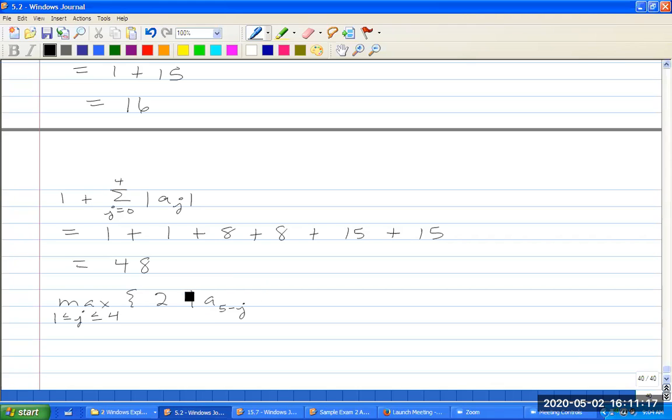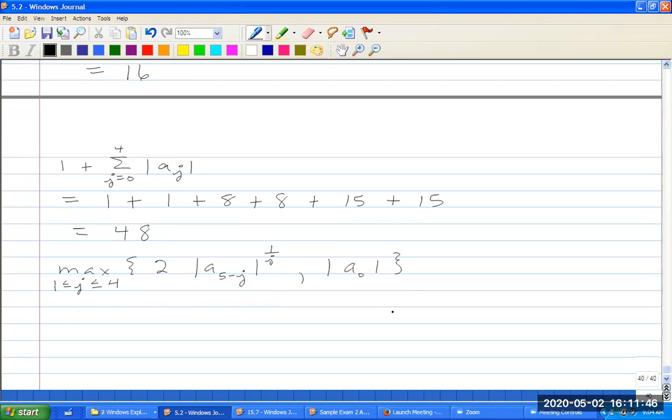Maybe I should write it this way as the jth root. Oh, I see. Maybe not, because if I plug in 1, the first one doesn't work. So 1 over j in absolute value, and a sub 0.